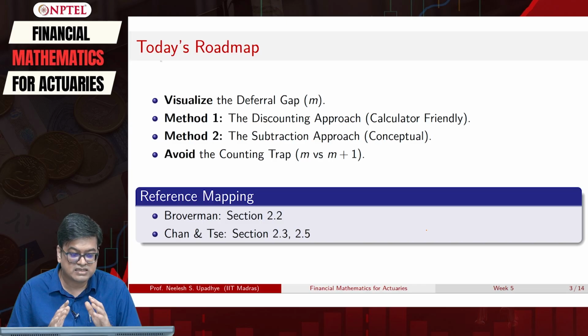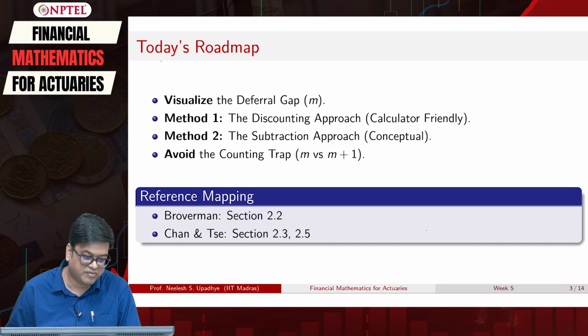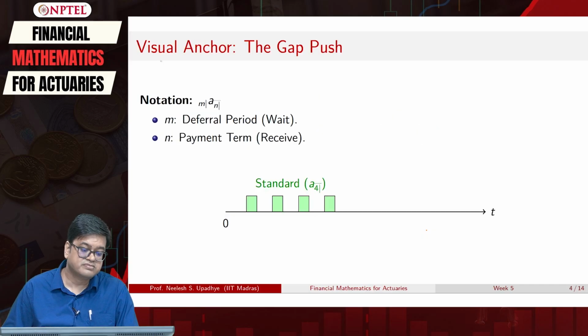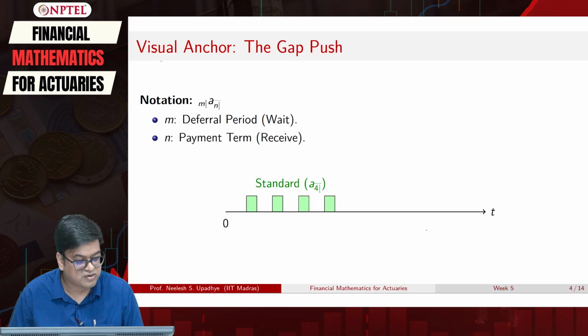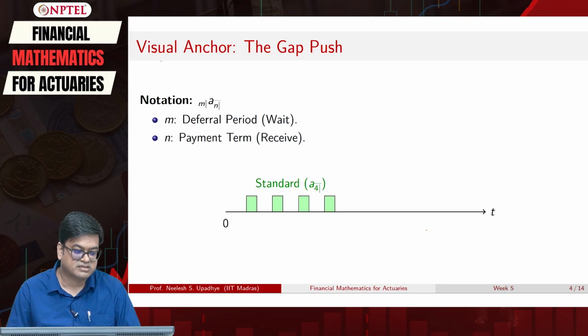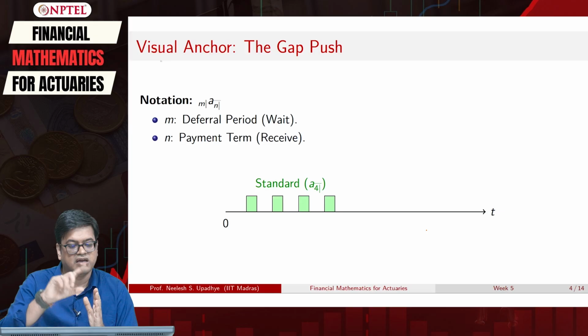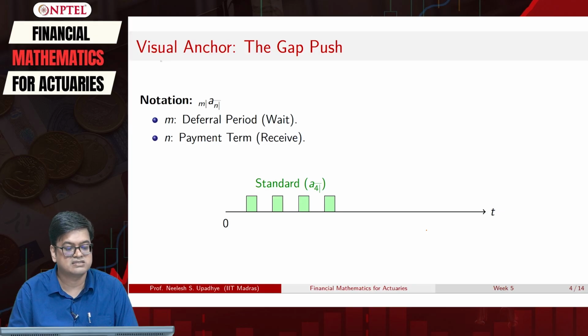So, let us understand this deferral gap as the first bullet point in our agenda. Now you have a new notation, M, then a vertical bar, and then a angle N. This says my annuity is deferred by M time periods.